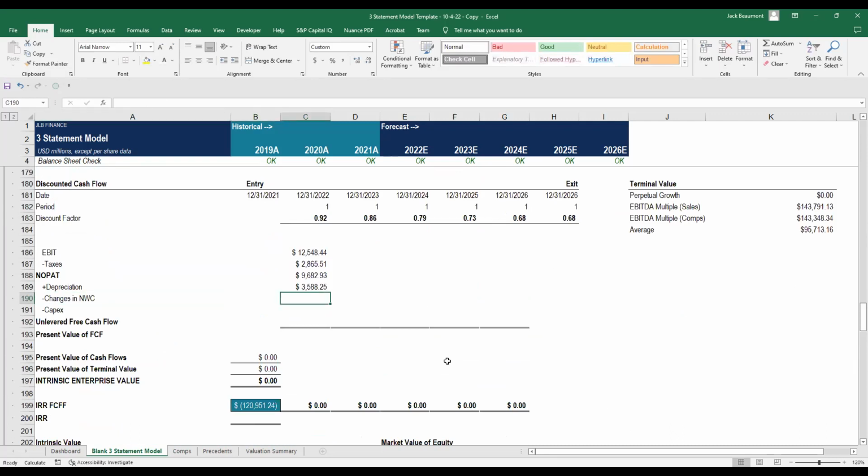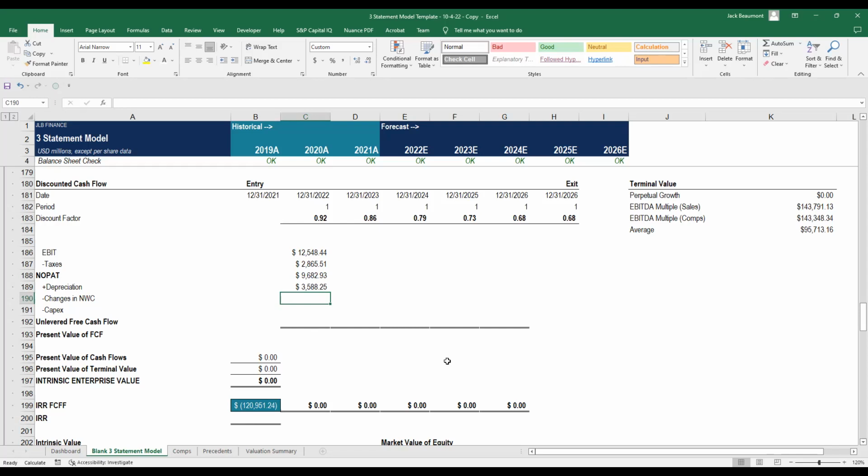And then we're going to have our changes in net working capital. And if you remember, that's our current assets minus our current liabilities. In my models, I do not include cash in the net working capital because it's not an operating asset.